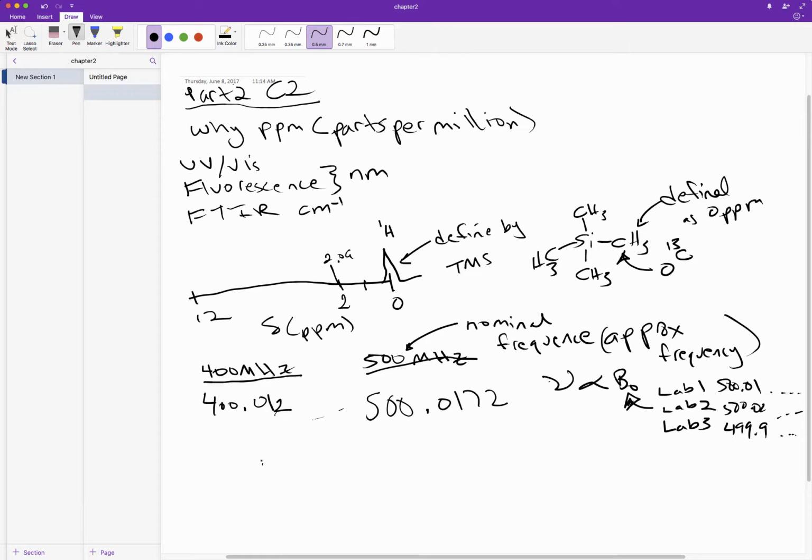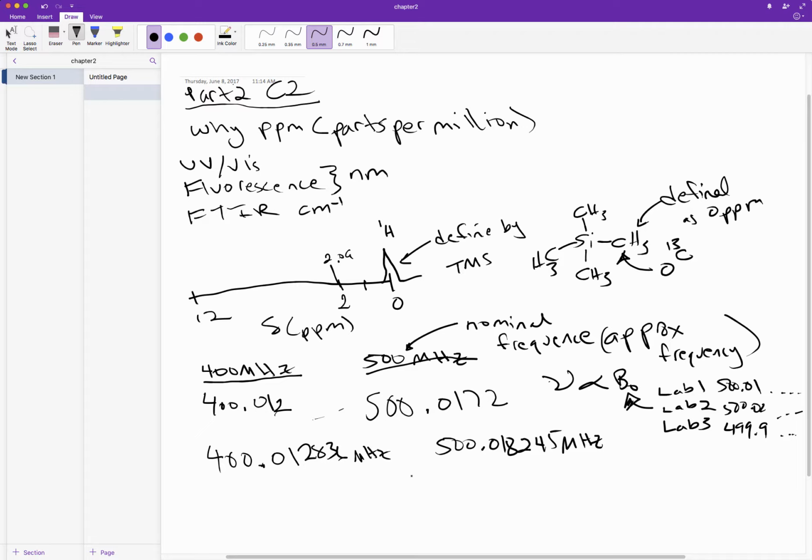On a 400 megahertz, that peak may have 400.012836 megahertz as its frequency, and on a 500 megahertz, it may be 500.018245 megahertz. They're both the same peak at 2.09 ppm, but on that magnet this is the frequency, and on this magnet this is the frequency.